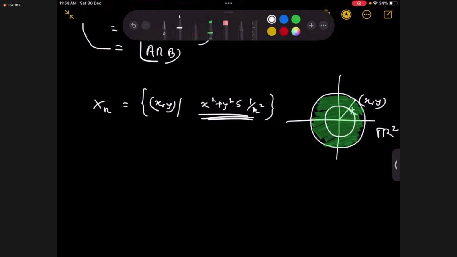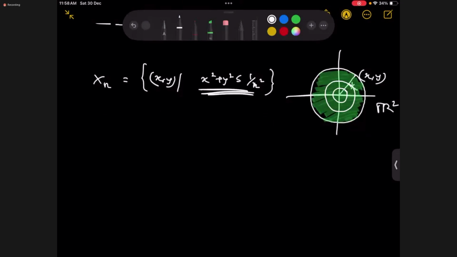Now the question is, what about the intersection of X_n, where n runs from 1 to infinity? Is it a finite set, or a singleton set, or an empty set? It can be an empty set, it can be a singleton set, it can be a finite set, it can happen that it is an infinite set, or a finite set with more than one element.